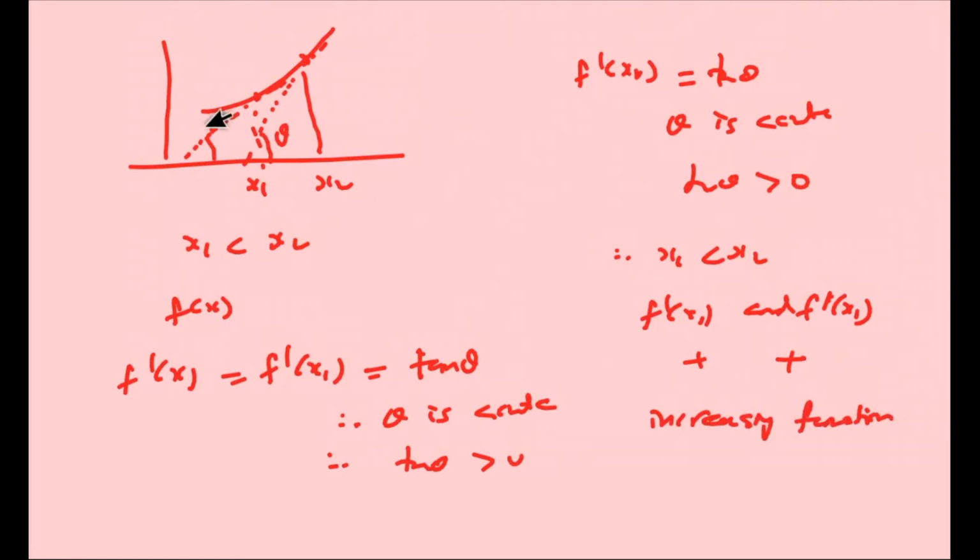Okay, and similarly, if we can see here, this theta is obtuse, so tan theta is less than 0.